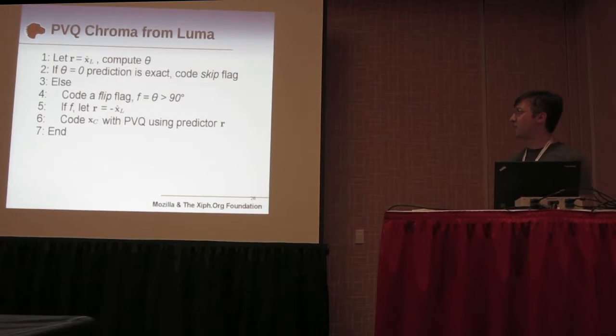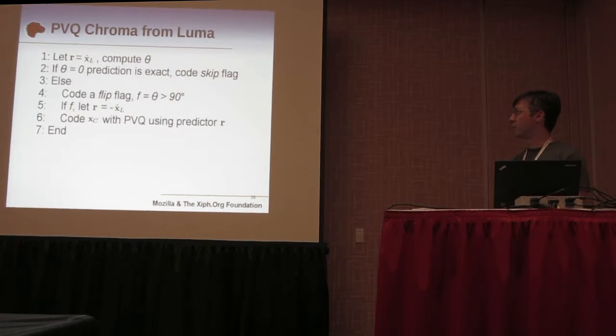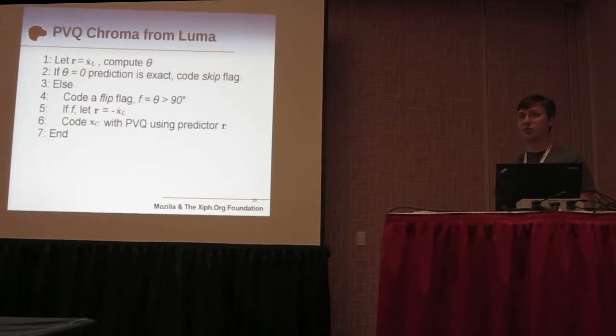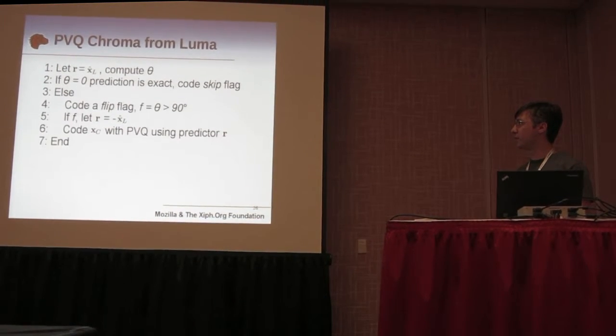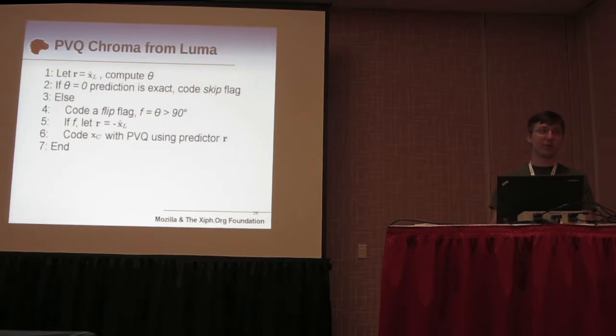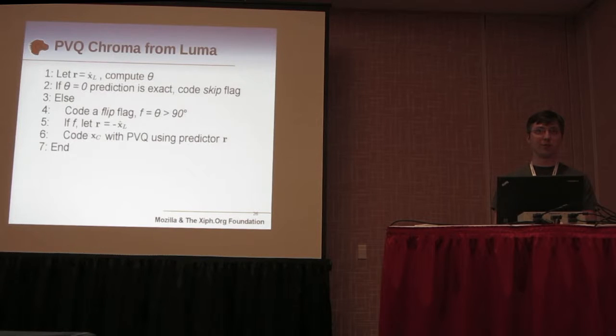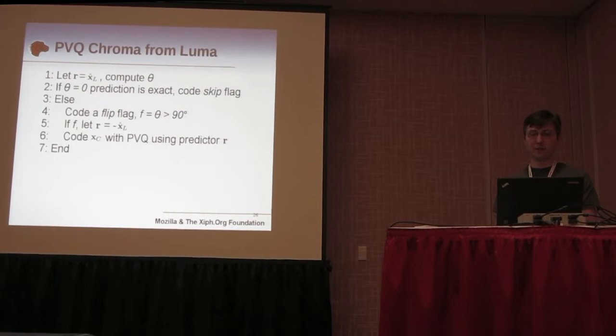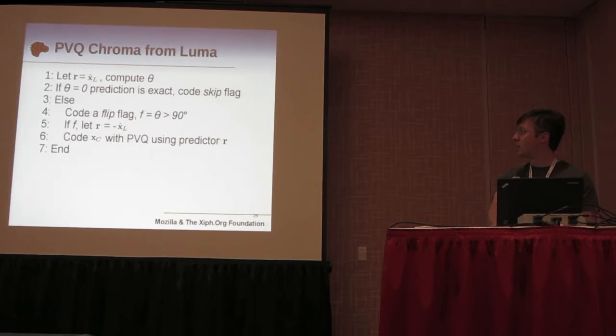And so this is the entire Chroma from Luma PVQ algorithm. The first thing we do is we let R equal the reconstructed Luma coefficients. We compute theta. If theta is 0, the prediction is exact, so we put a skip flag, and that means we don't need to code anything further because the decoder will see the skip flag and know that the predictor is exactly the reconstructed Luma coefficients.